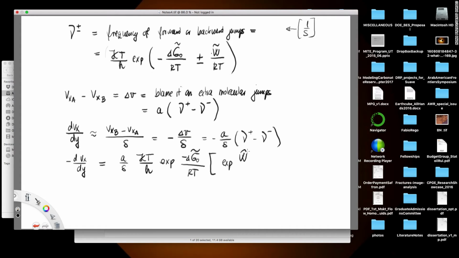I'm going to still write it as minus exponential of minus, and we will remember that sinh, or hyperbolic sine function, is 1/2 of the difference of the exponentials.